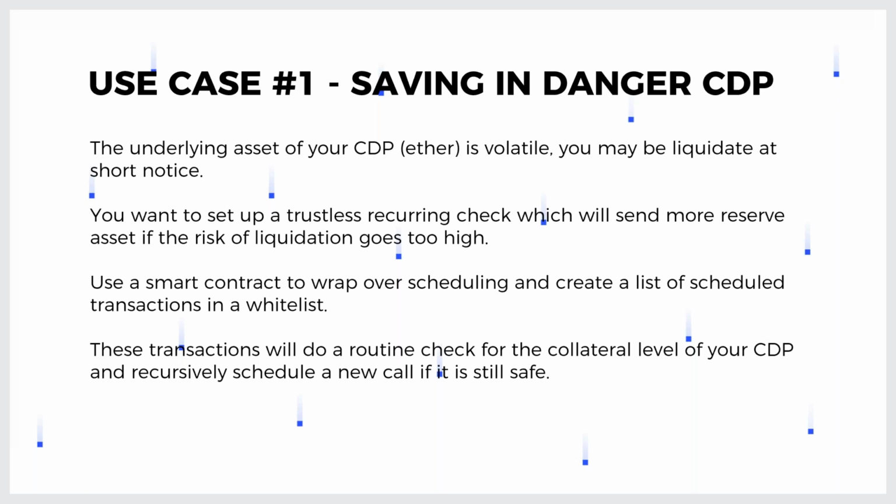But sometimes life is busy and you can't always watch whether your CDP is safe or if it's in danger. So what you might want to do is set up a trustless recurring call using the Ethereum alarm clock to do that. So how do you do that?